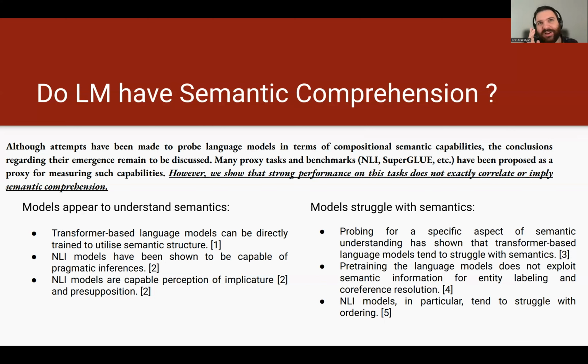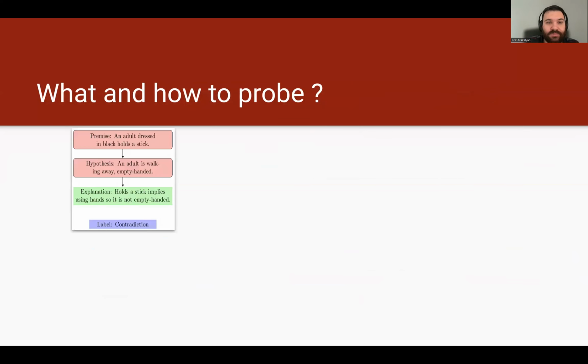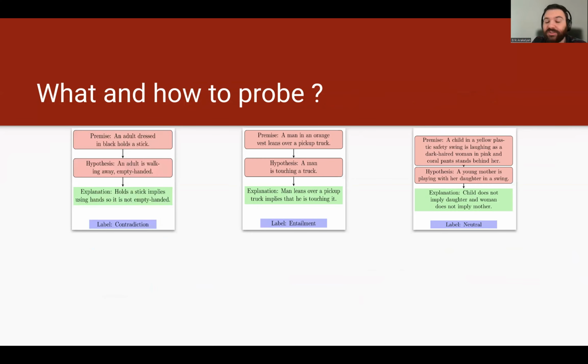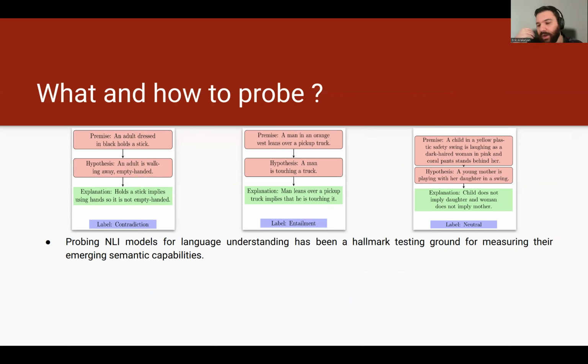There hasn't been a very systematic way to measure, to assess, to analyze models up to this point. So we have to actually understand what and how to probe. Our hypothesis is, let's take a set of models that are trained for semantic comprehension. Essentially, the proxy task is used in order to induce the semantic comprehension inside of them.